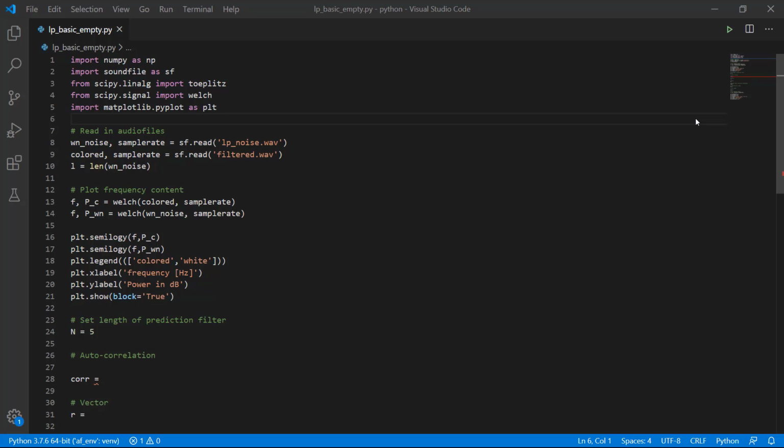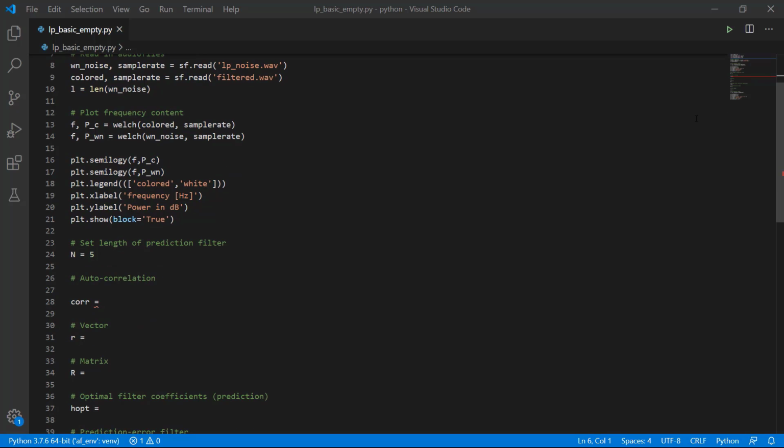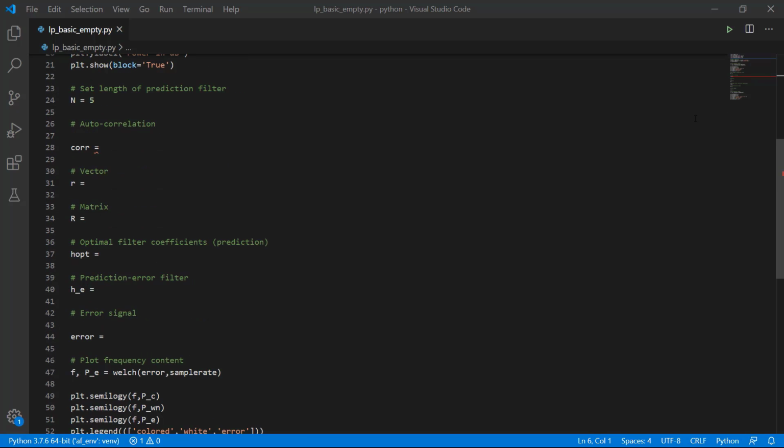The first thing we do is we plot the power spectral densities of those two signals, and we will see that, of course, the colored signal is colored and the white noise signal is flat in the power spectrum. And then we will go straight into the implementation of the computation of the prediction filter coefficients.